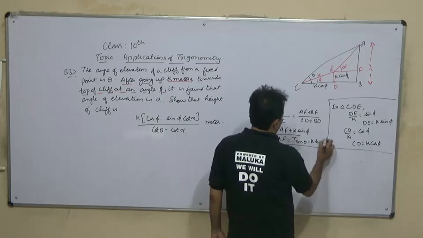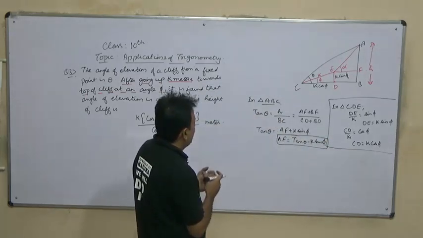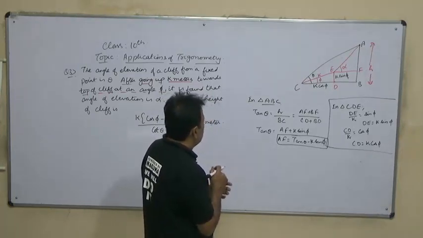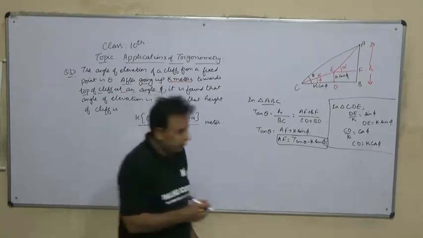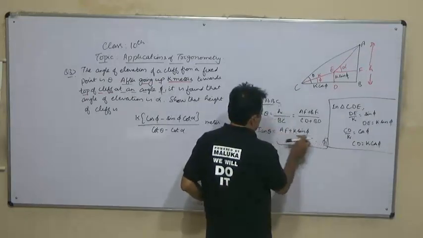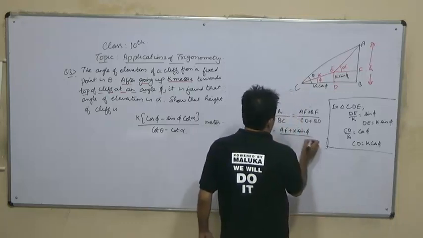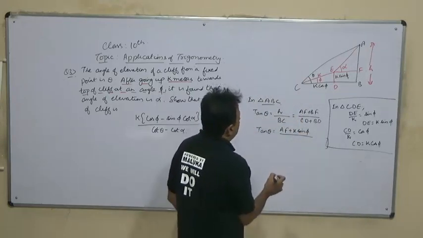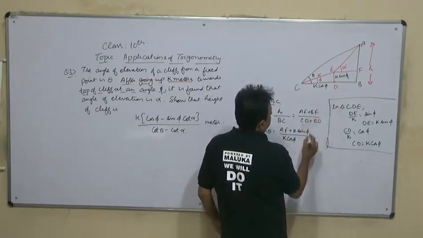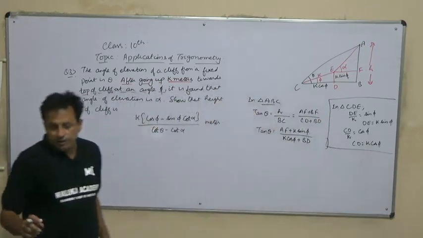So we find the value of AF from here, upon CD. What is CD here? CD is K cos phi plus BD.